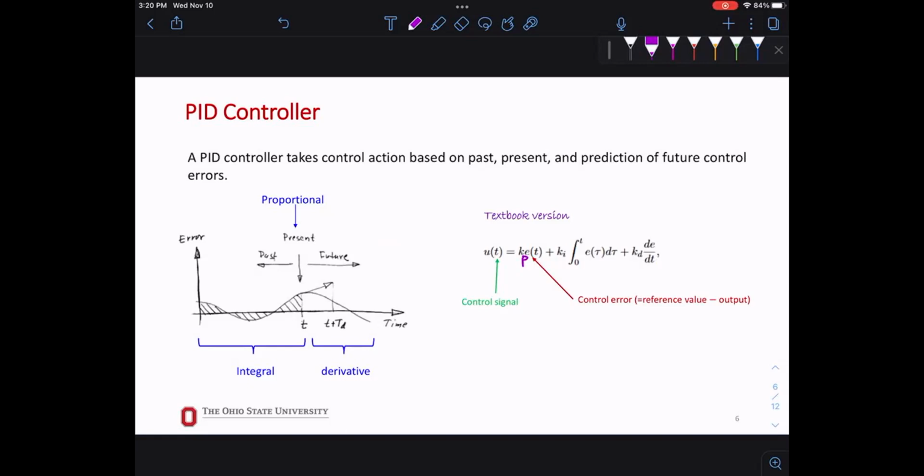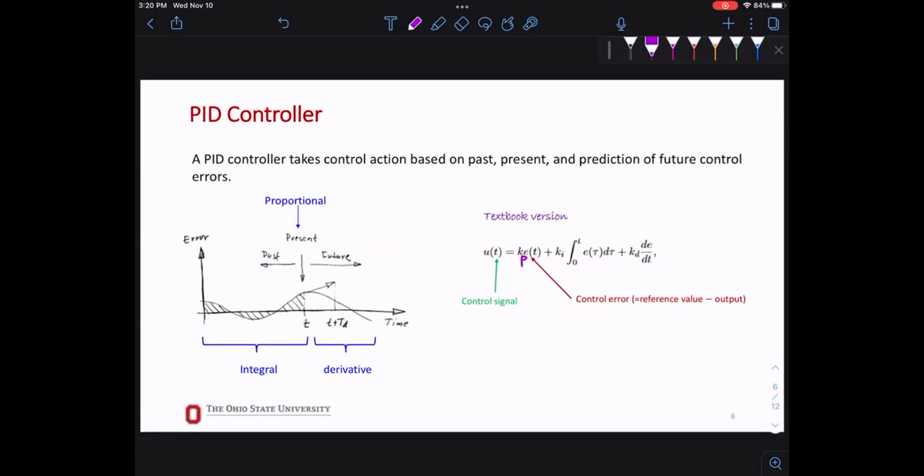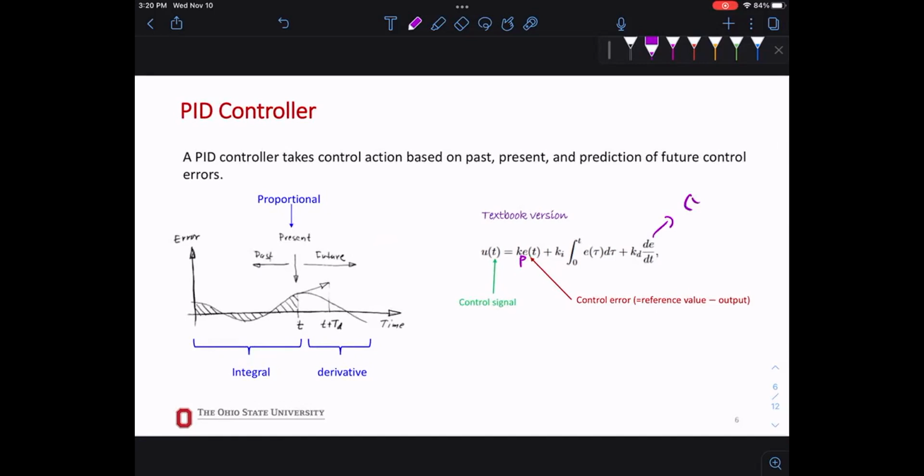Plus the KI term, which is the integral of the error in the past, so from 0 to tau, what happened in the past. Plus your last term, KD, which is the derivative of the error. So here it would be, for example, y minus u divided by t2 minus t1.